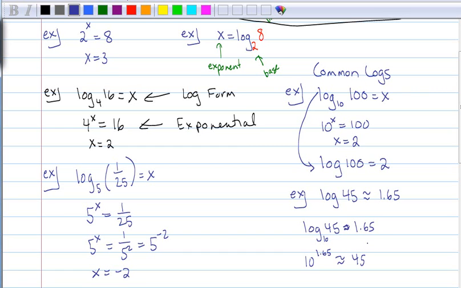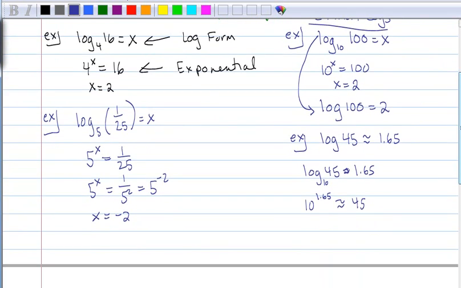And I believe that because 10 raised to the 1 power is 10, 10 raised to the 2 power is 100, so it has to be somewhere between, and if you do that in the calculator, you'll see you get about 45. So things without the base mean base 10. So that's what common logs are. Hope that helps.